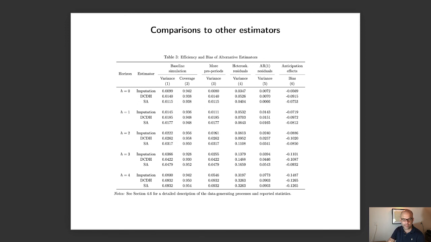We put in more periods, it's lower. You have heteroscedastic residuals, so you lose assumption 4, and the estimator still has lower variance. If you put in various kinds of weird AR(1) residuals, it still usually is better. And if you put in anticipation effects, it's still better. Usually, not always. Down here for these longer leads and longer lags, it's not as much.